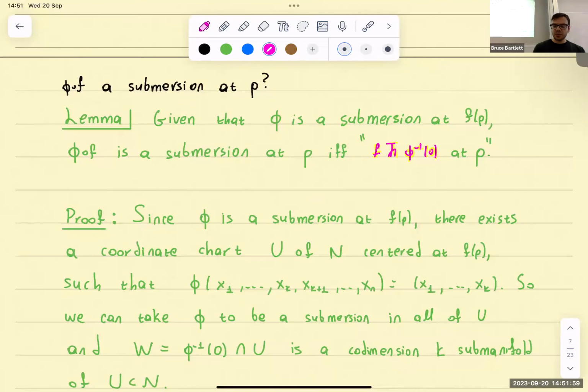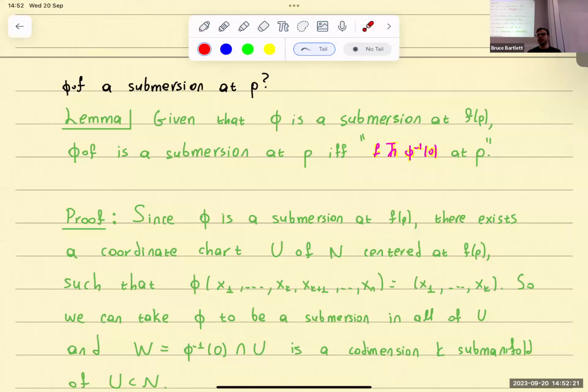But the reason why you would expect this to make sense is that if Phi is a submersion at F of P, then from the transversality condition I just stated, you would expect Phi inverse of 0 to be a submanifold.